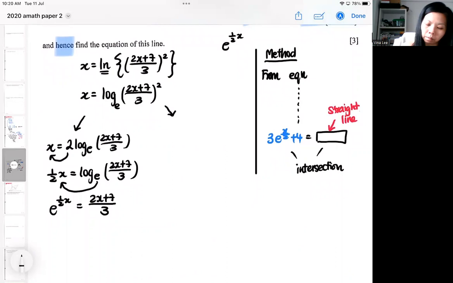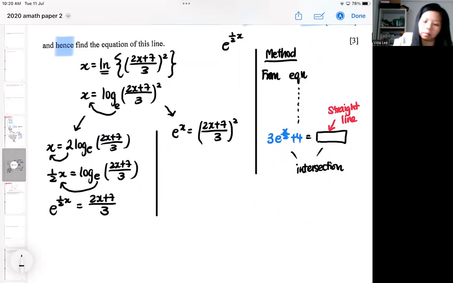Another way will be the one that I did just now. I did a direct changeover. So I get e to the x. If I get an e to the x and there's a whole fraction with a square, I can choose to square root both sides.